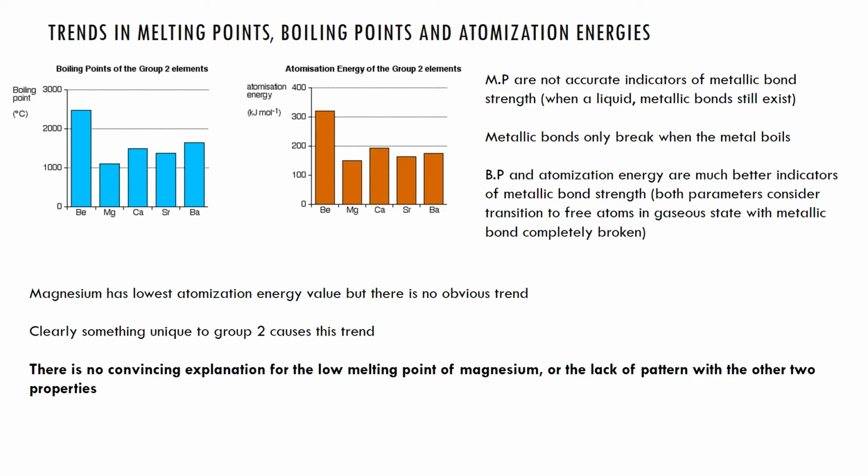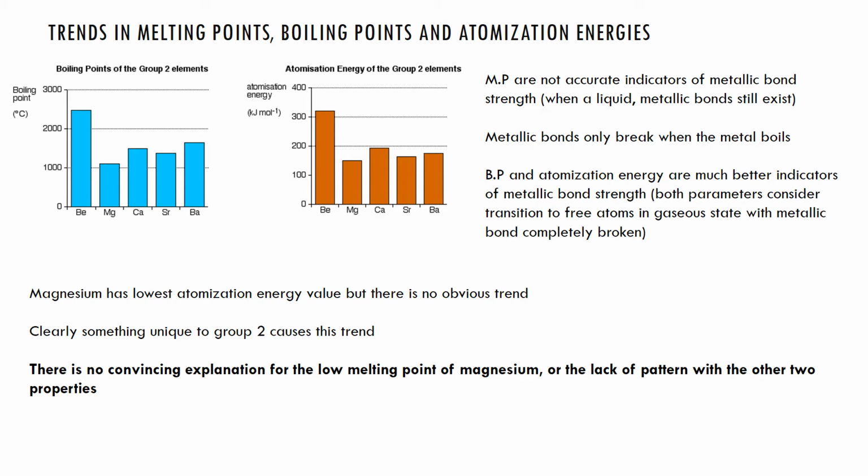So we tend to use boiling point and atomization energy as indicators of the strength of a metallic bond, because in both of those cases we're considering the transition of free atoms into the gaseous state with that metallic bond completely broken.